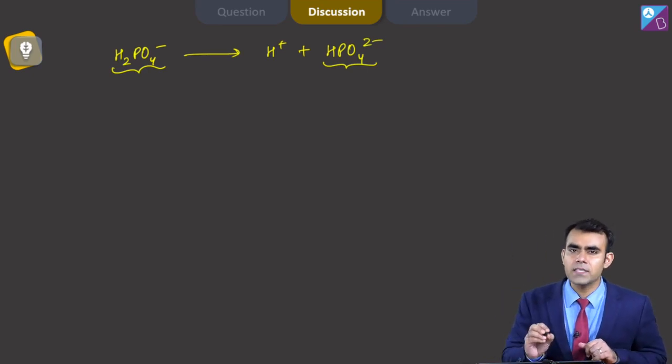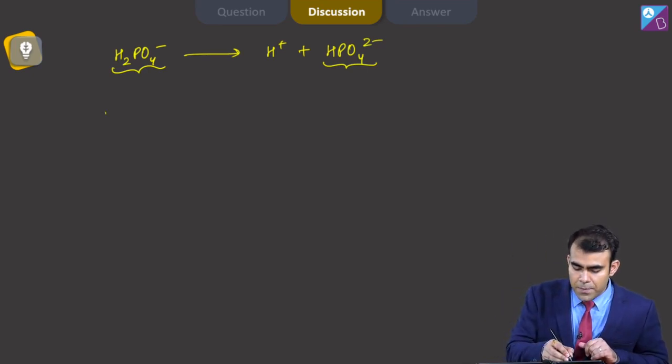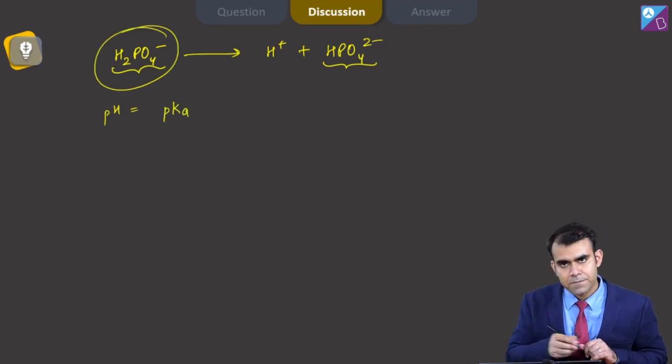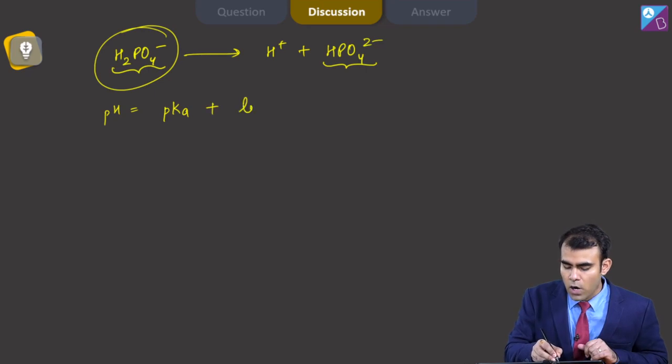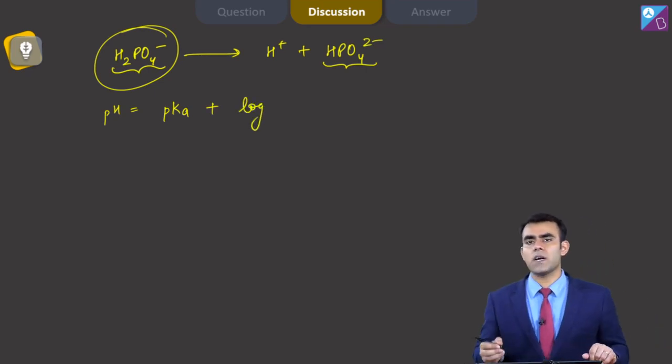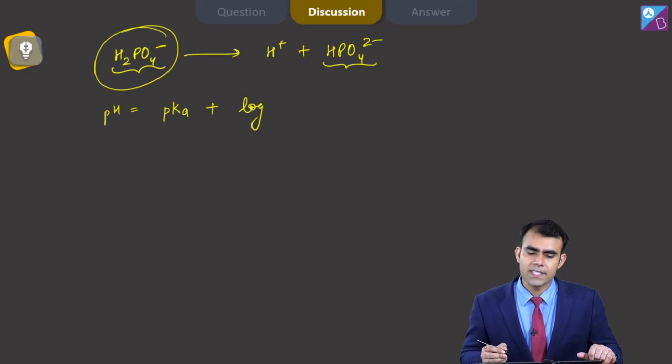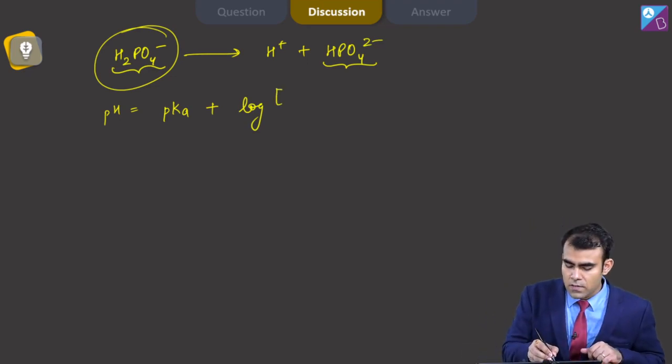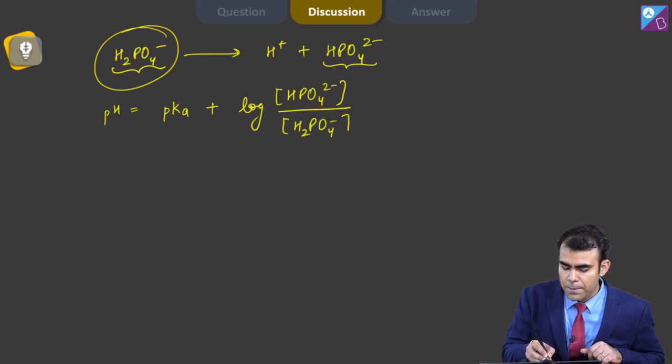Now if I write the pH for this buffer, pH is equal to pKa of this one plus log concentration of salt upon concentration of acid, and here the one that is behaving as salt is HPO4 2 minus, and the one which is behaving as acid is H2PO4 minus.